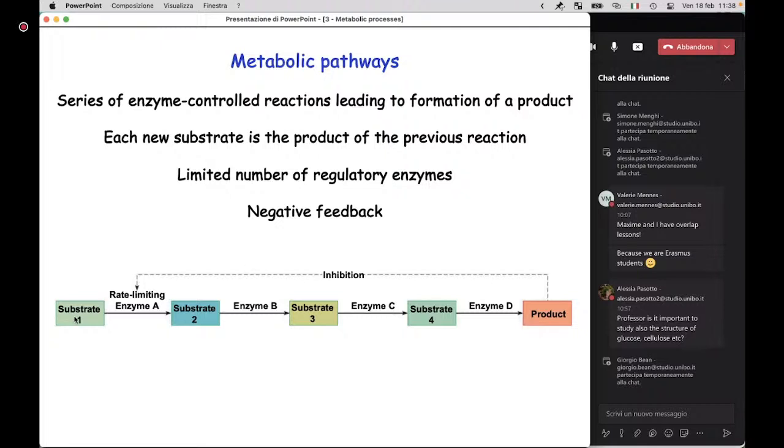The most important pathways are those that produce not macromolecules like proteins or DNA, but, for example, hormones and so on. Here we have different enzymes that attach different functional groups to the starting molecule until we end with the desired product.